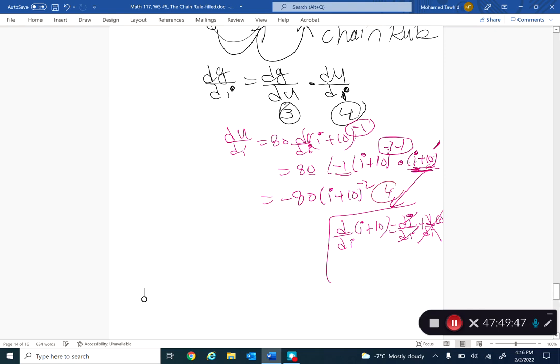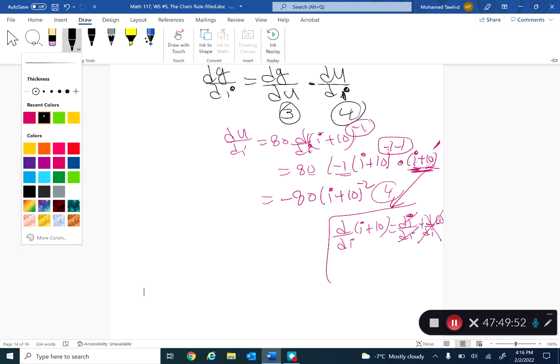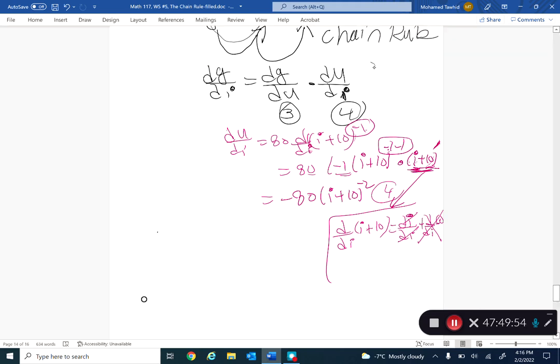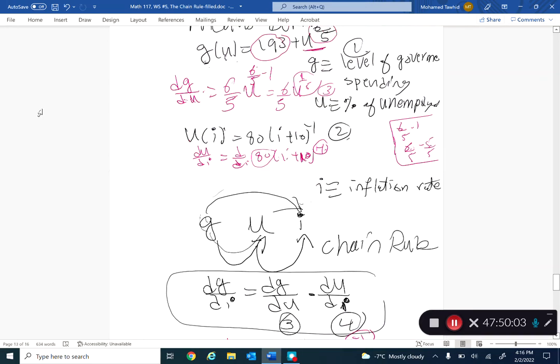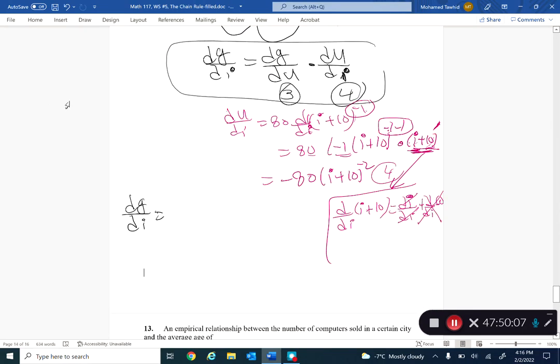So now I go back to change the colors, just normal. So this is the formula I'm going to use: dg by dI. Equation 3, you just take from up here, 6 over 5, u to the power 1 over 5, that is equation 3.